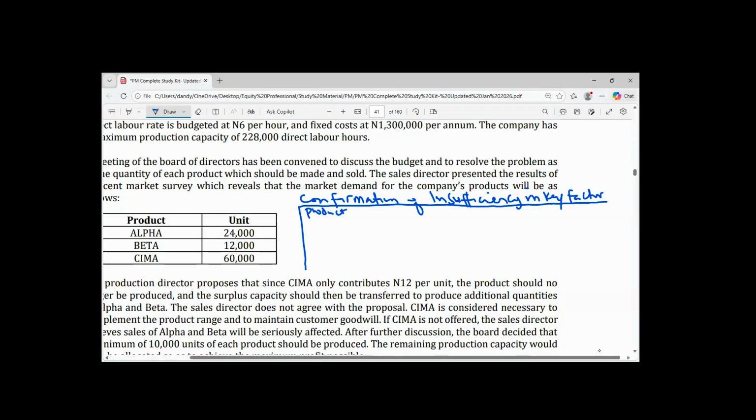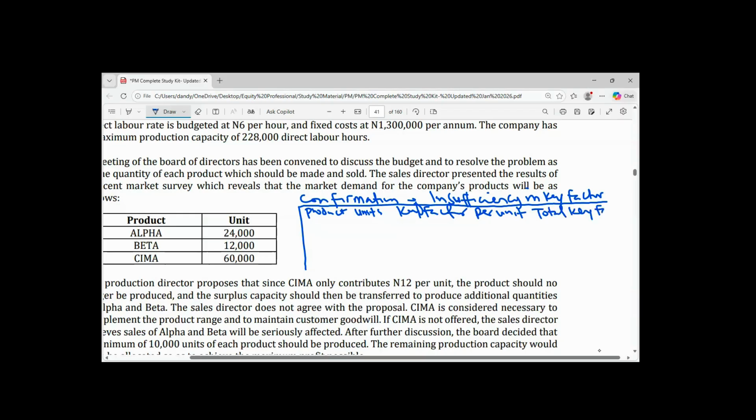Next column will be the units demanded. Then the next one is key factor per unit. Then the last column will be total key factor.